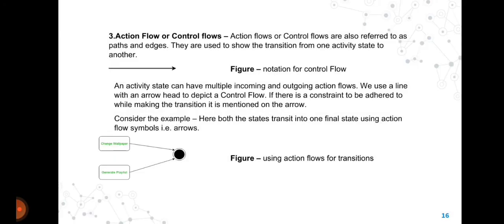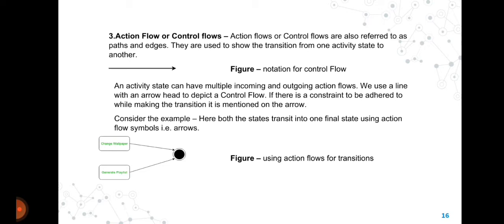The third one is action flow or control flow. The action flow or control flow are also referred to as paths and edges. They are used to show the transition from one activity state to another. Here we can see the notation for control flow. An activity state can have multiple incoming and outgoing action flows.